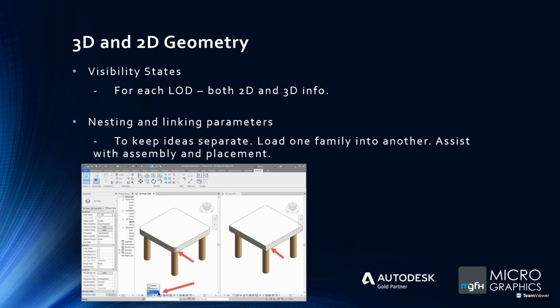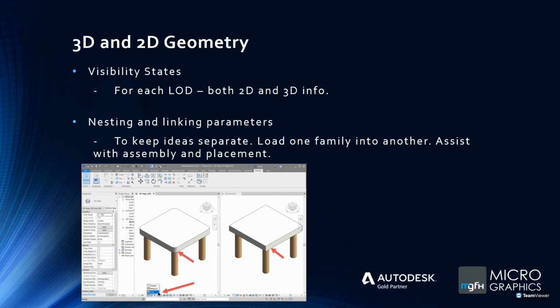Then also another approach that you can take when creating these content is to separate each of these components. Maybe I use this little image as an example, the table. You might want to separate those four legs, create a different family from that, create another family of the tabletop, and then bring them together.